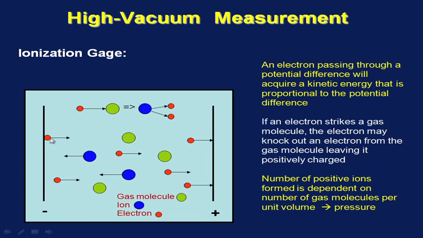If the kinetic energy of this electron is large and it strikes a gas molecule, then there is a strong possibility that this electron will knock out a secondary electron from this gas molecule, and this gas molecule will be converted to a positively charged ion.